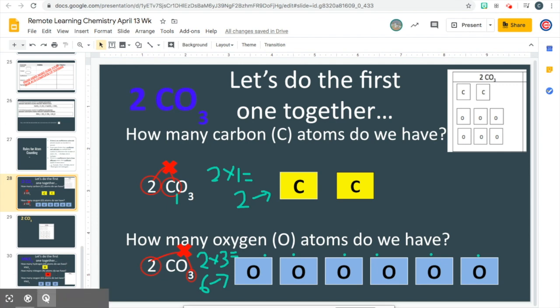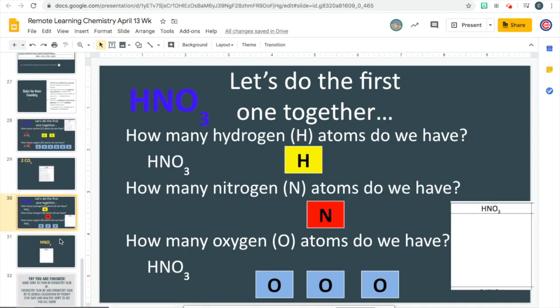All right, so the next example that we're gonna be doing is the HNO3, okay? So here we have 3 elements. We have a hydrogen, a nitrogen, and an oxygen, but we only have 1 subscript, okay? So we're gonna figure out how many of them there are. So since there are no coefficients in this one, it's gonna be a little bit simpler. So we're trying to figure out how many hydrogen atoms do we have? I'm gonna do the same thing.